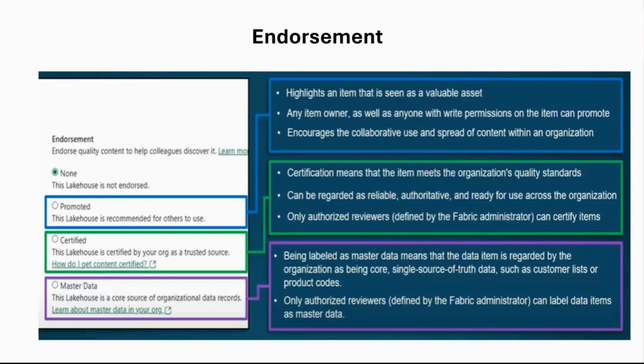So certified means an item can be used across the organization and it has been certified by the organizational leads that have been enabled by the Fabric administrator. Now remember, all Fabric items such as apps, lakehouse, warehouse, notebooks, etc. Everything except the Power BI dashboard can be endorsed by the admin or the folks with the right permission.